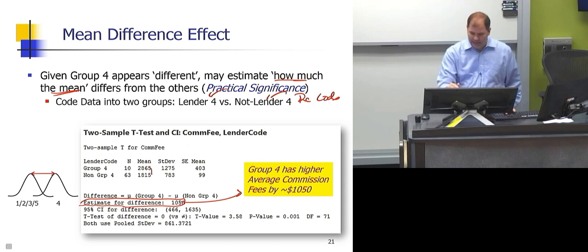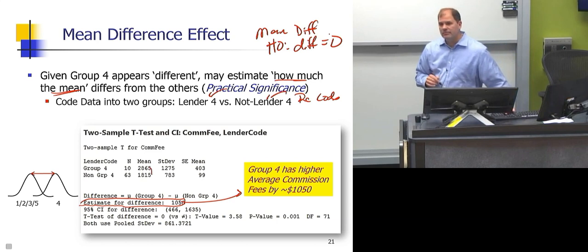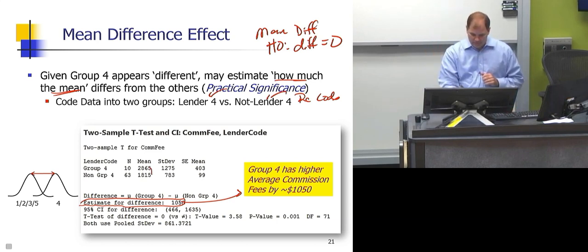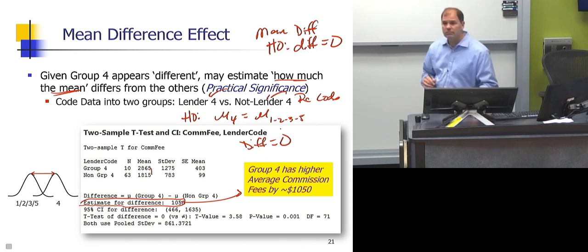So if I look at the mean difference, the null hypothesis would be that the difference equals 0, meaning that the mean of 4 is equal to the mean of 1, 2, 3, and 5. If this was the null hypothesis, this is the same as saying that the difference equals 0.